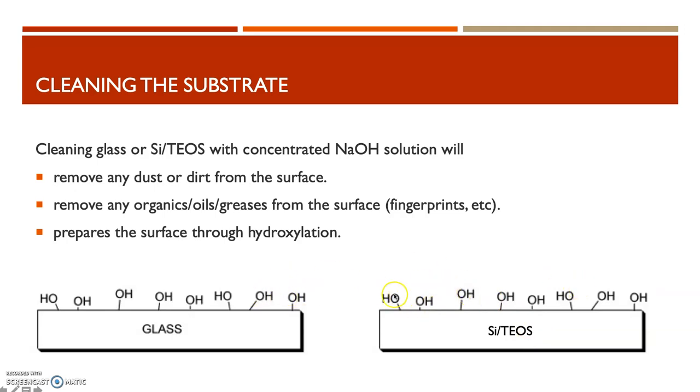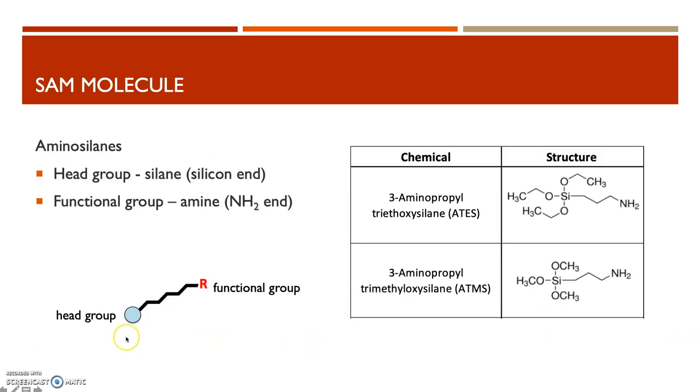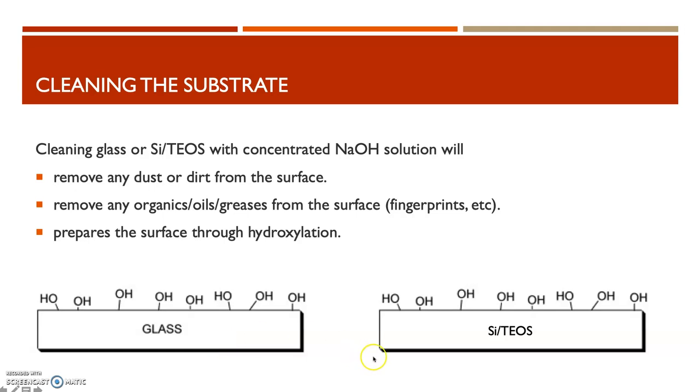So these two substrates are very similar, although glass is transparent and silicon is like a silvery reflective substance. And so the actual bulk of the substance is different, but the surface is very similar. Now the hydroxylated surface on the TEOS is probably more regular than the glass because the glass we're using is amorphous. But essentially, we have very similar surfaces here between the glass and the silicon.